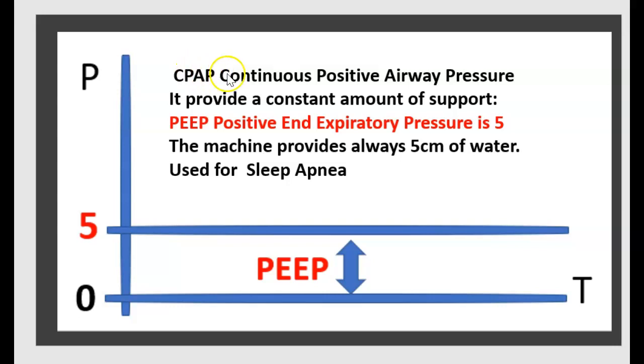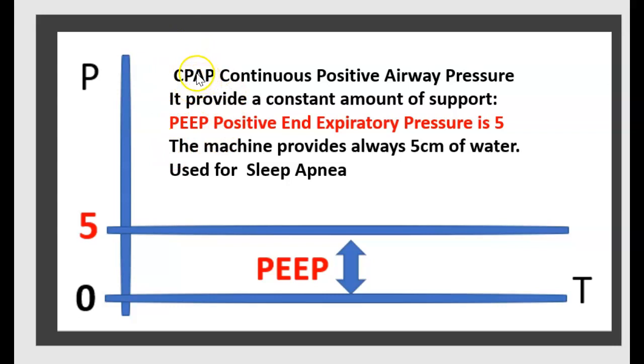CPAP, or continuous positive airway pressure, provides a constant amount of support. PEEP, which is positive end expiratory pressure, in this example is about 5. The machine always provides at least 5 centimeters of water.